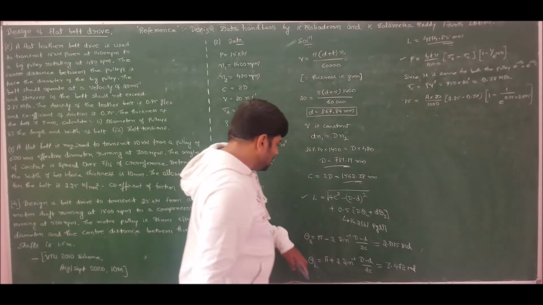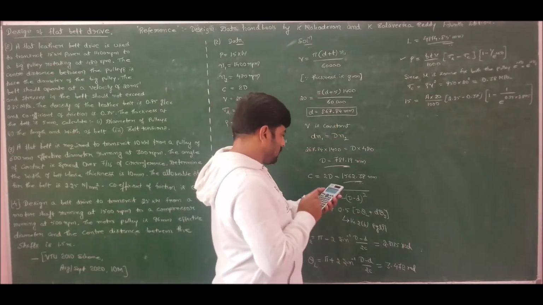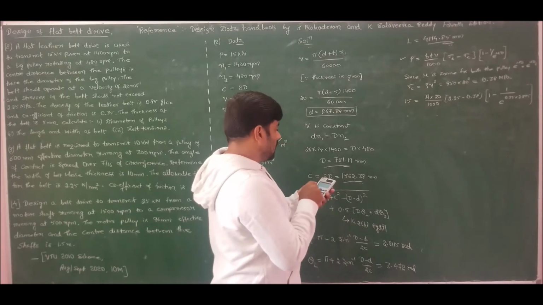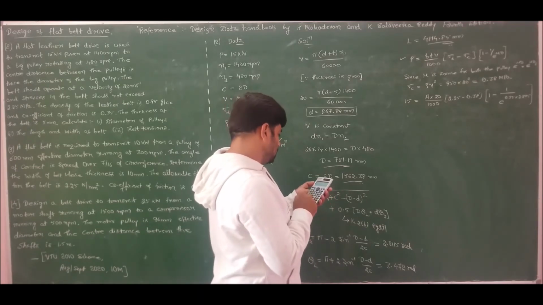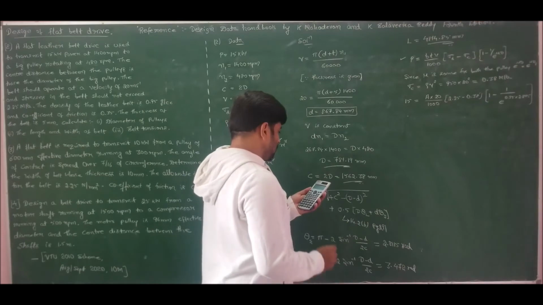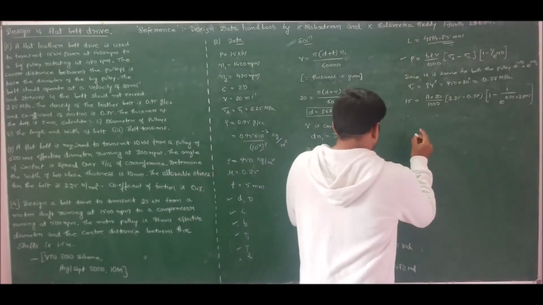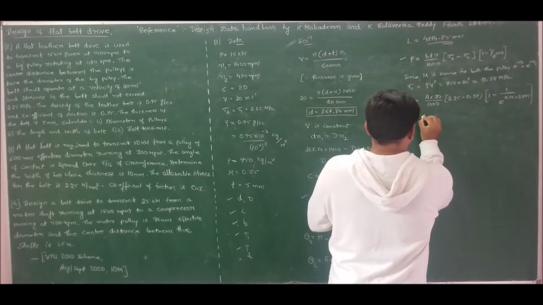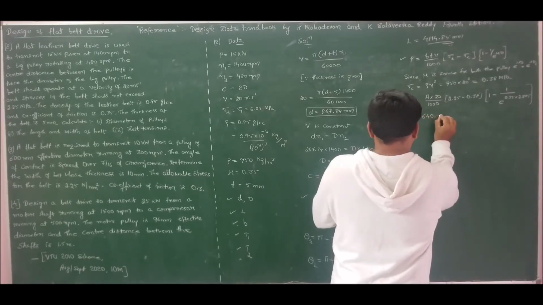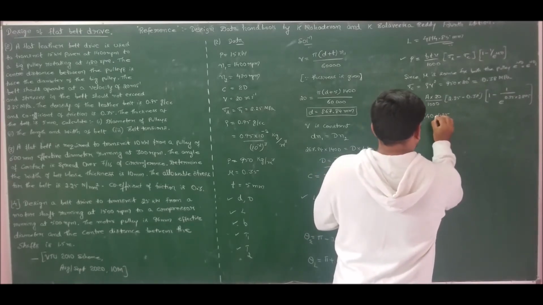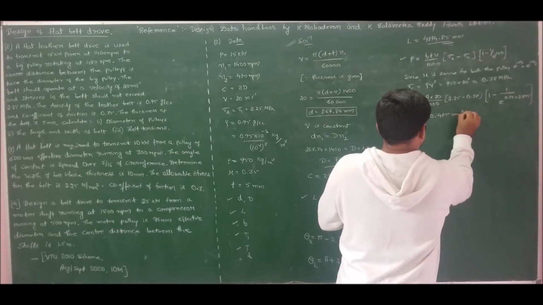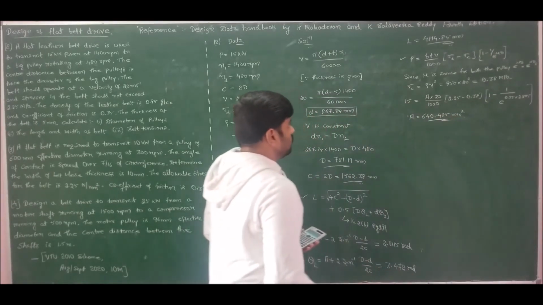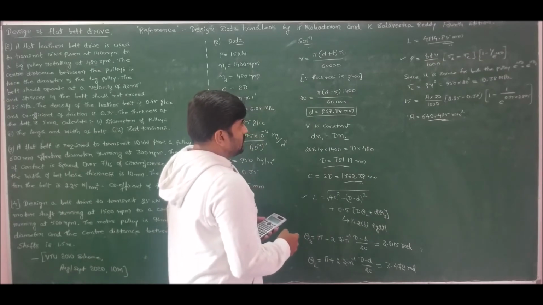So theta is nothing but theta S. If I solve, I will get the area as 640.485 millimeter square.